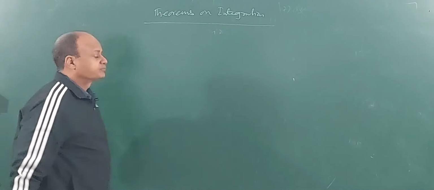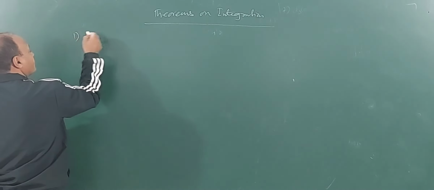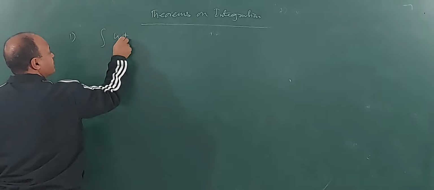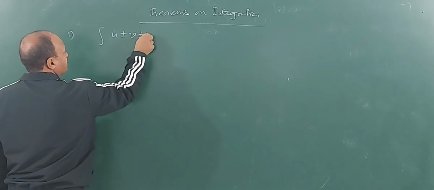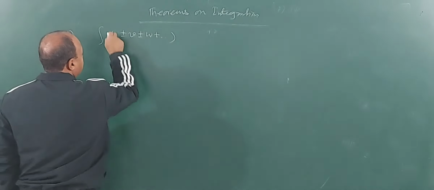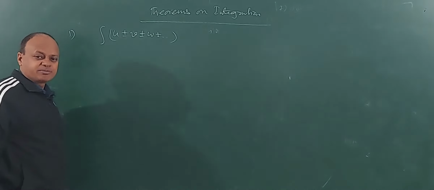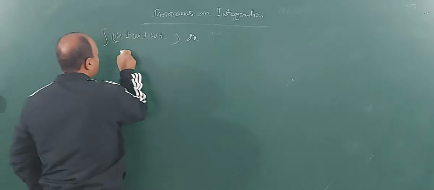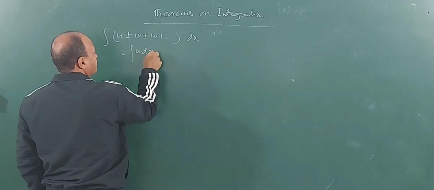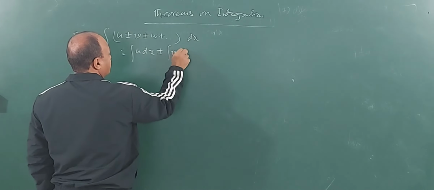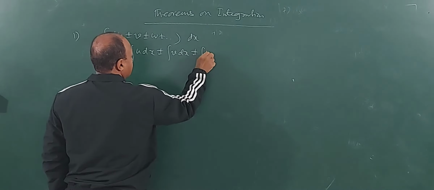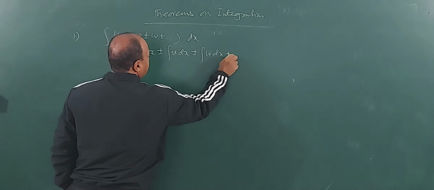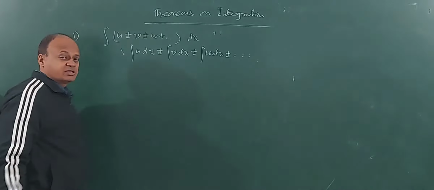First one is that integration of u plus minus v plus minus w, means if a number of functions are added together or subtracted together and I am integrating, that will be equal to integration of u plus minus integration of v plus minus integration of w, and it will go on. This is the first theorem which is important for you.